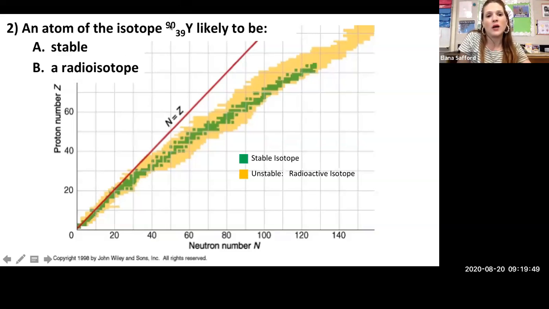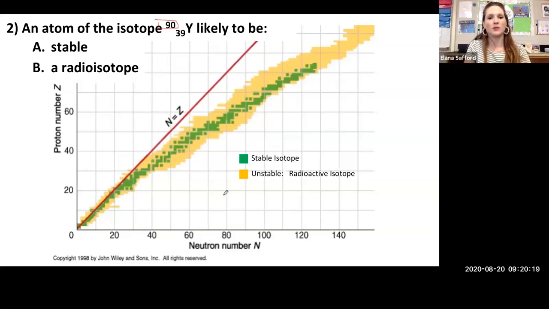First, do not make the mistake that I see students making sometimes where they try and do something with this 90. Remember, that is your mass. You need to subtract in order to get the neutrons. So we're going to say 90 minus 39 in order to get the number of neutrons.